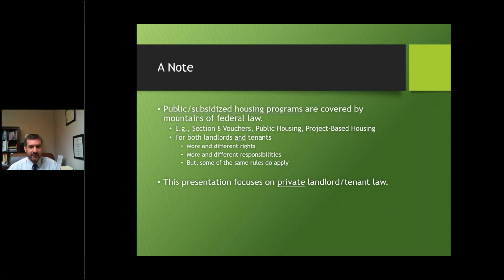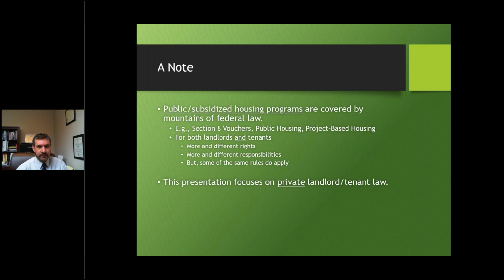We don't have enough time in the hour, perhaps not in the day, to really get into the meat of those programs. So we're just going to focus on what the state rules and the state statutes require as it relates to private landlord-tenant law. Also, this does not really cover commercial landlord-tenant law.